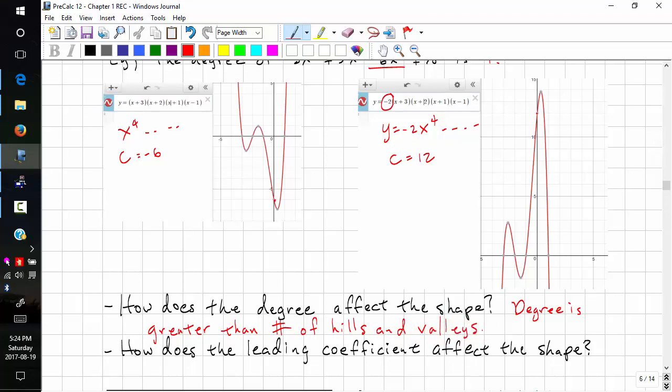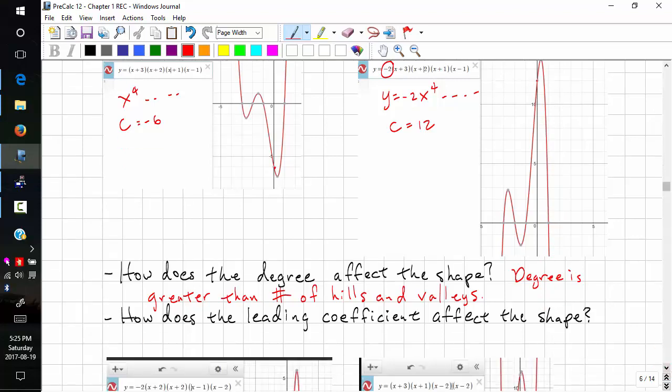And how does the leading coefficient affect the shape? Okay, so we can see that it starts at the top, comes down, and goes up to the top again. So that's, very generally, concave up. Here it starts at the bottom, comes up, very generally, and then goes down. So again, very generally, it's concave down.